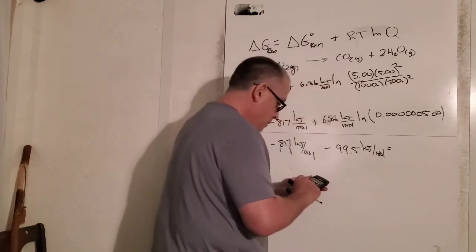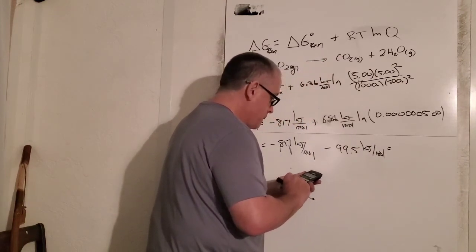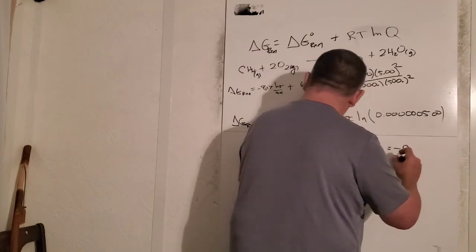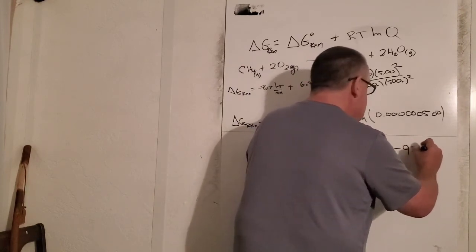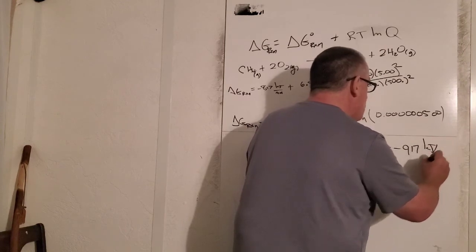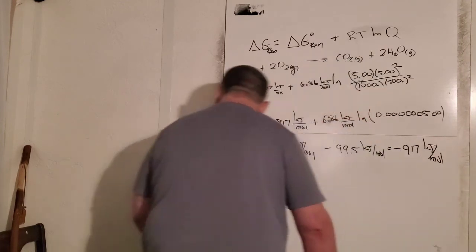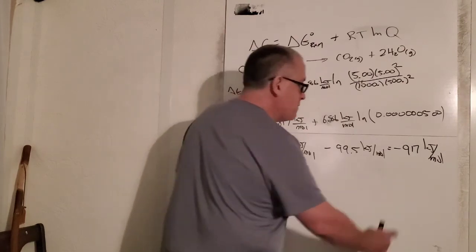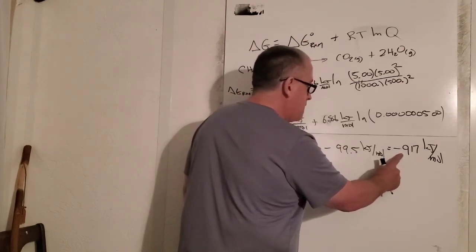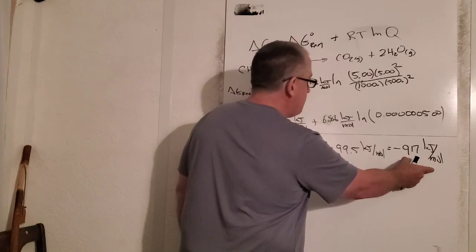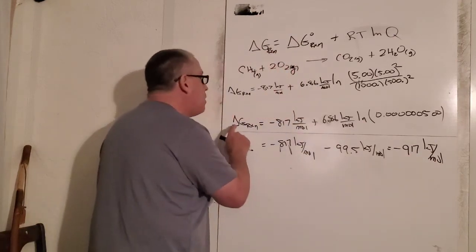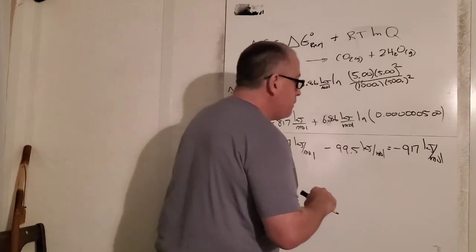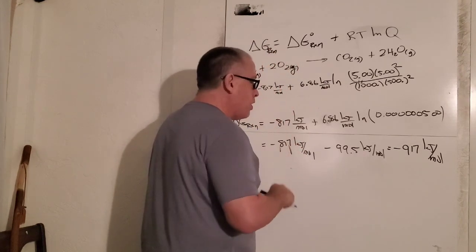And I get negative 917 kilojoules per mole under these non-standard conditions. This tells me, number one, that it's spontaneous. Number two, I'll get a maximum of 917 kilojoules per mole of this reacted that I could use for useful work.